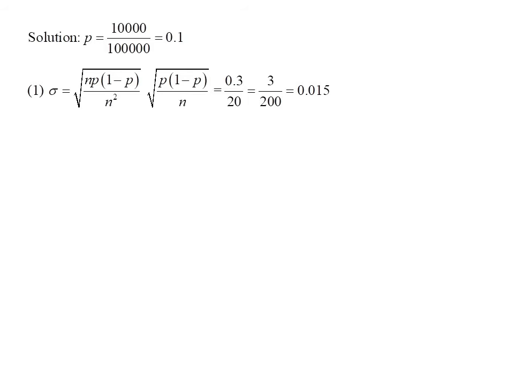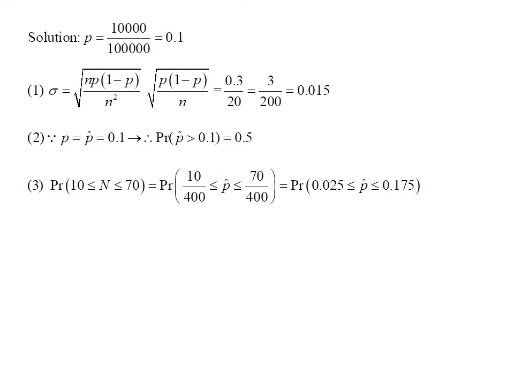For the second question, based on the given sample proportion value, which is 0.1, the standard deviation is 0.015. Therefore, the probability of being greater than the sample proportion, obviously, is 0.5. According to the sample number, the probability of overweight people can be calculated by dividing by the sample number of 400.